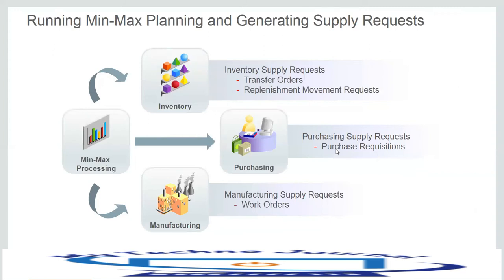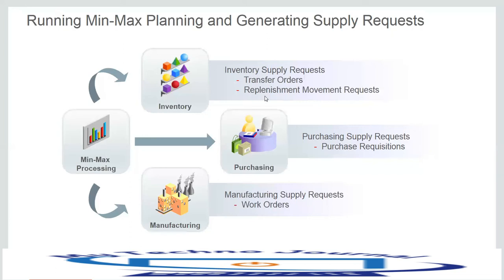It is going to generate a purchase requisition if the source is supplier. Okay, and it is going to generate a work order if the source is organization and build-in WIP is yes, make or buy code is make, and you also have a work definition defined.